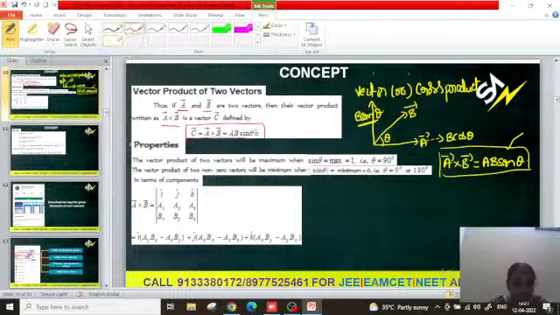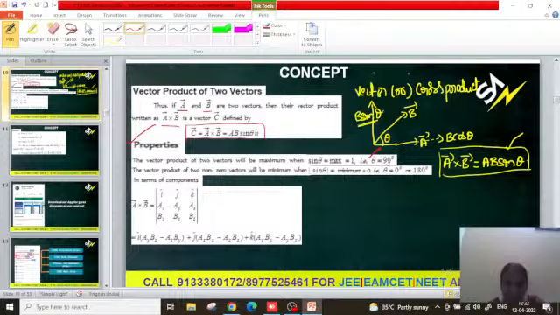Let us see the properties of vector product. The vector product of two vectors will be maximum when sin theta is maximum. Sin theta is maximum for a 90 degree angle. So when theta is 90, the vectors are perpendicular to each other.